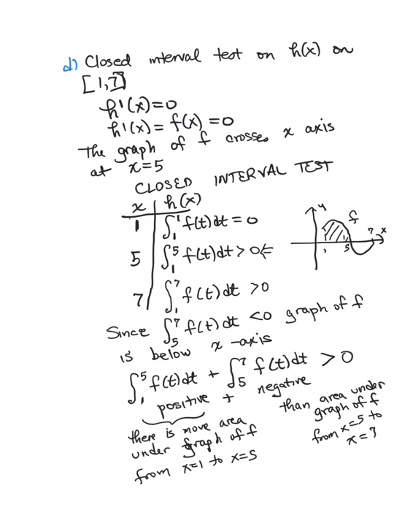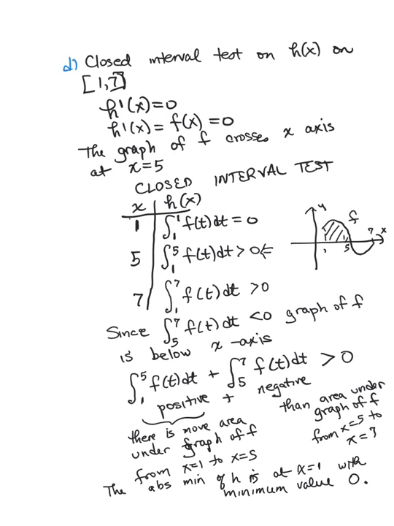the absolute minimum should be at x equals 1. Let's write that down. The absolute minimum of h is at x equals 1 with a minimum value of 0.